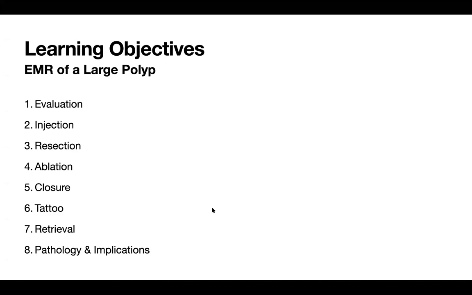And what are the benefits of closing a lesion and then putting a tattoo and then sending the specimen to pathology? And what happens to the patient based on what the pathologist tells us? So I'm going to take you through this case, and I would like the panel to discuss some of the concepts.